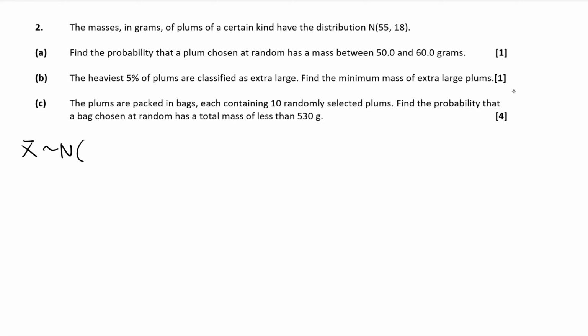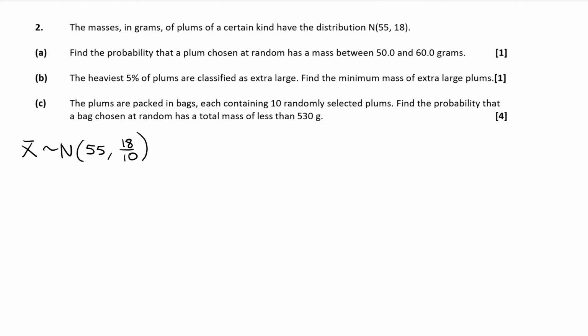And the mean will still be 55, but because I'm talking about a sample, the variance is now the population variance of 18 divided by the number in my sample, so divided by 10. So it's important to note that when we're talking about a sample, we need to divide by the number in that sample for our variance.